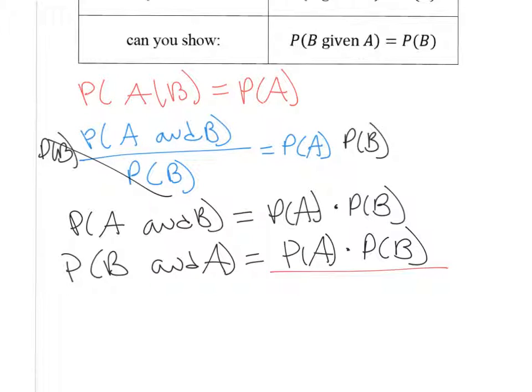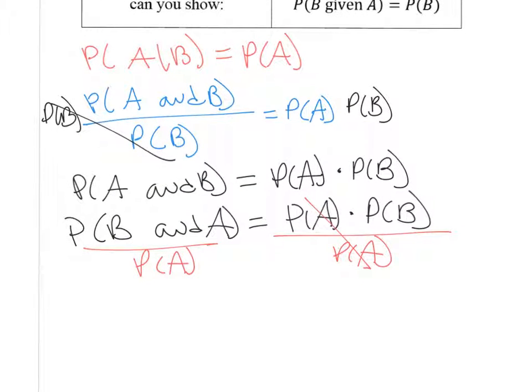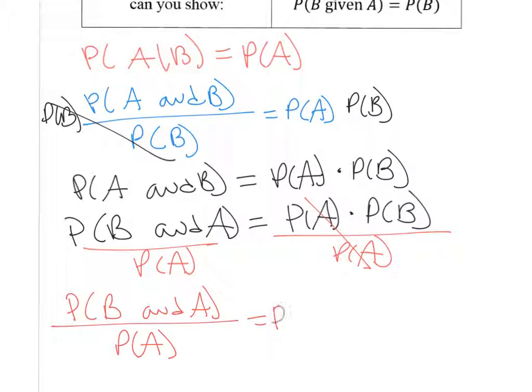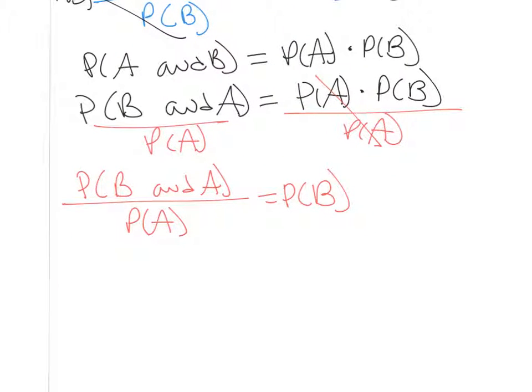So let's divide both sides by the probability of A. And then as a very last step, we can rewrite this term back as our conditional probability, and we proved it.